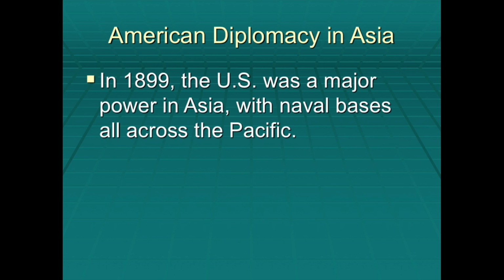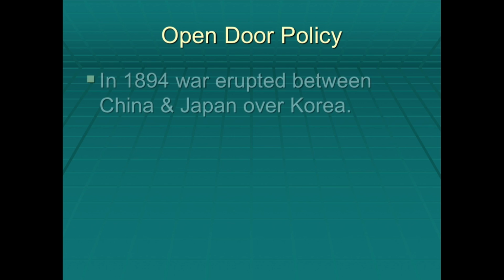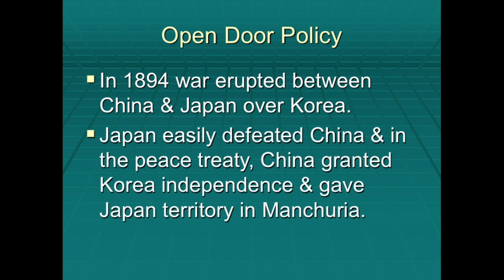American diplomacy in Asia. In 1899, the U.S. was a major power in Asia with naval bases all across the Pacific. Open door policy. In 1894, war erupted between China and Japan over Korea. Japan easily defeated China in the peace treaty. China granted Korea independence and gave Japan territory in Manchuria.